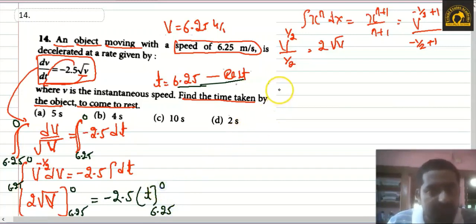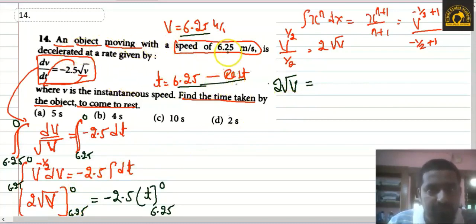Now simplifying, 2 into square root of v, where v is the speed 6.25.